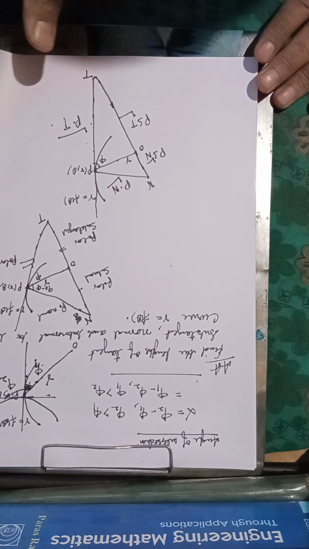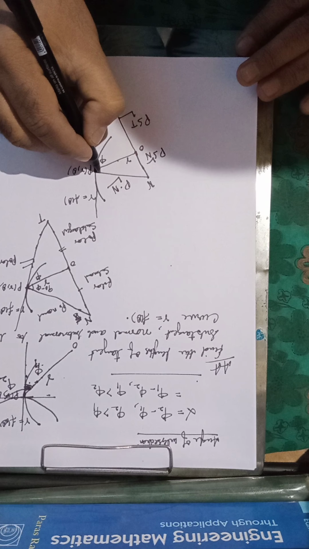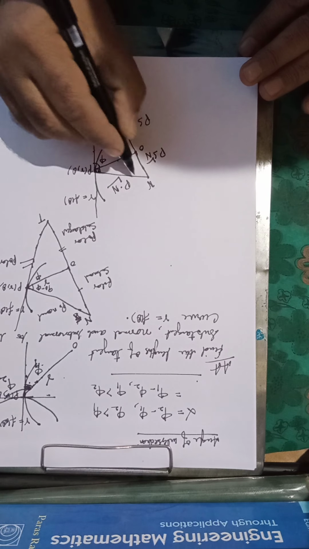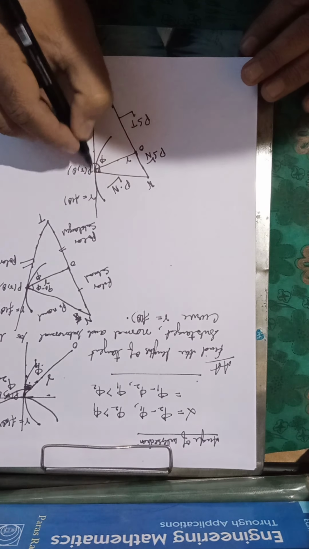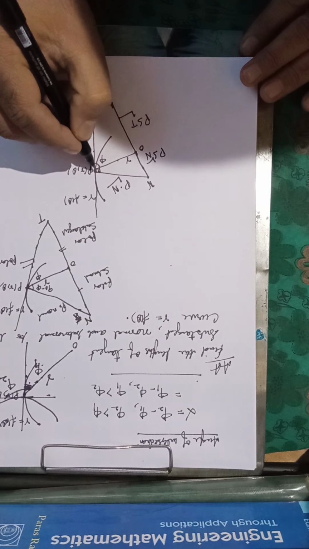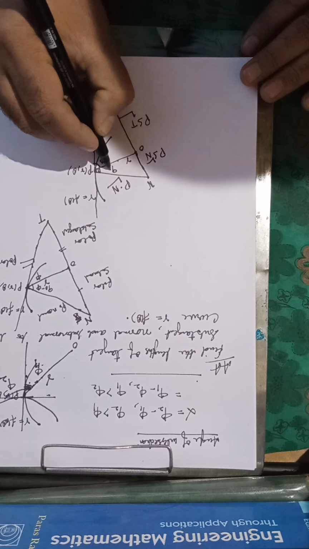This whole angle is 90 because this is the normal to the curve, and this will be 90 minus phi.